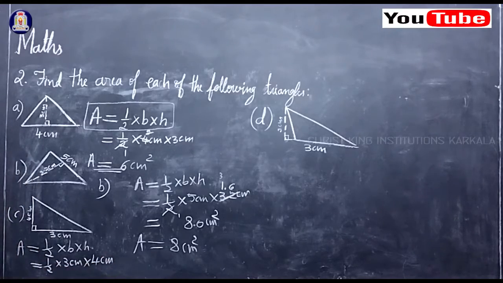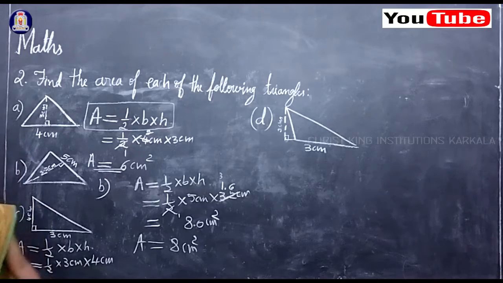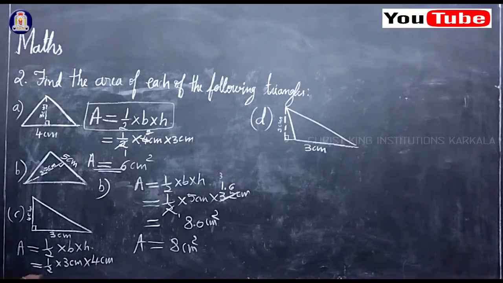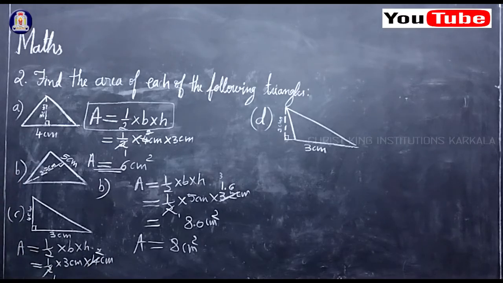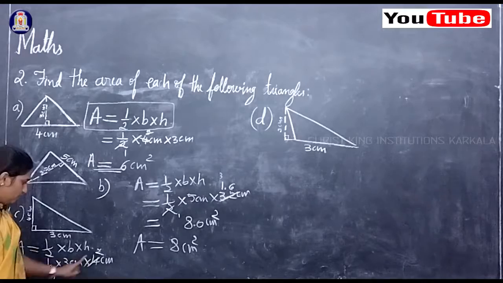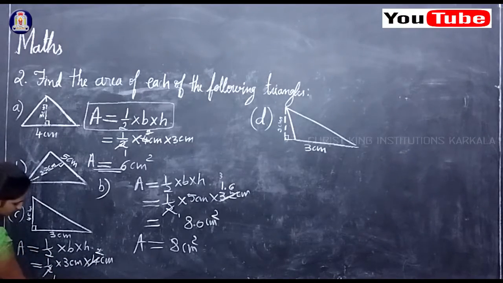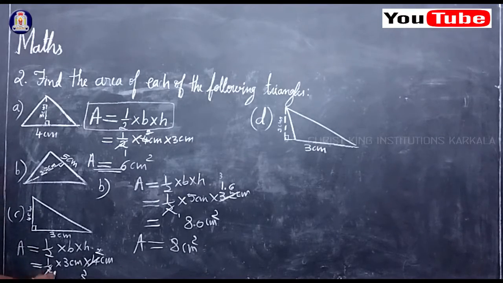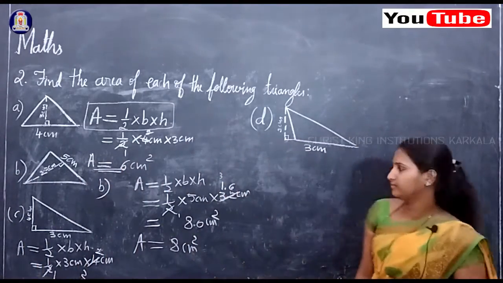You can simplify this: 2 ones are 2, 2 twos are 4. Correct? Now multiply these two: 3 twos are 6. 6 centimeter into centimeter, centimeter square. Understood? So the third triangle area is 6 centimeter square.